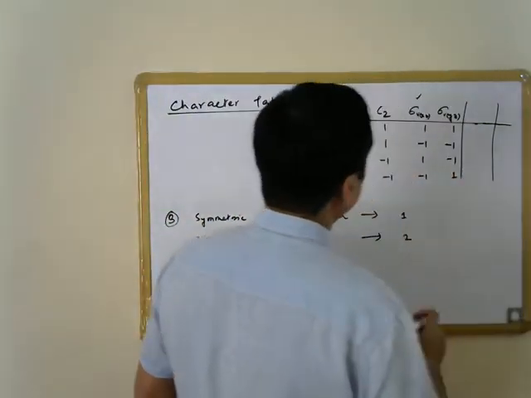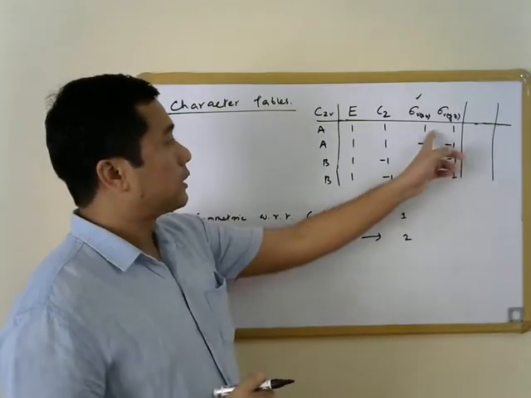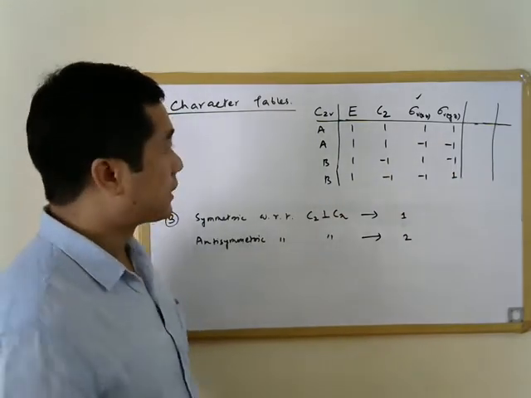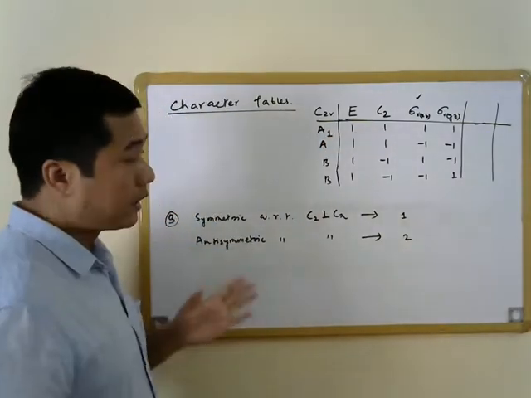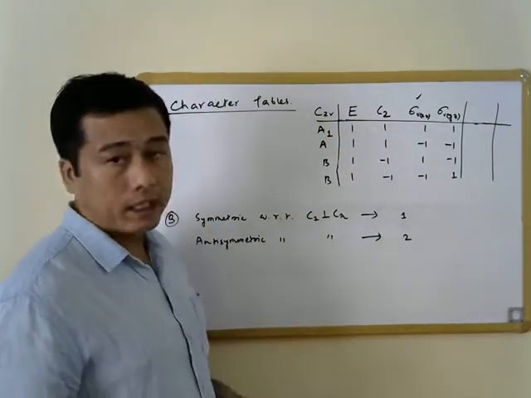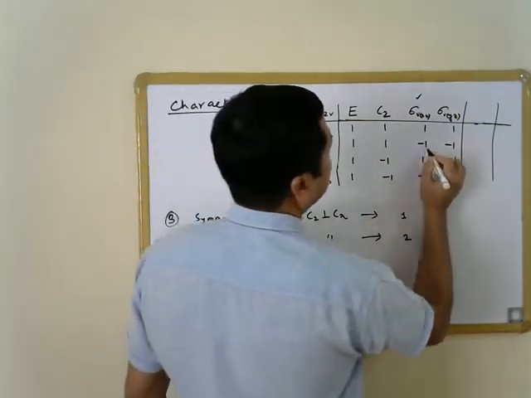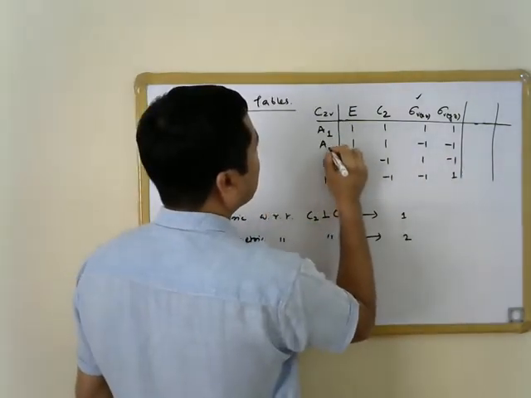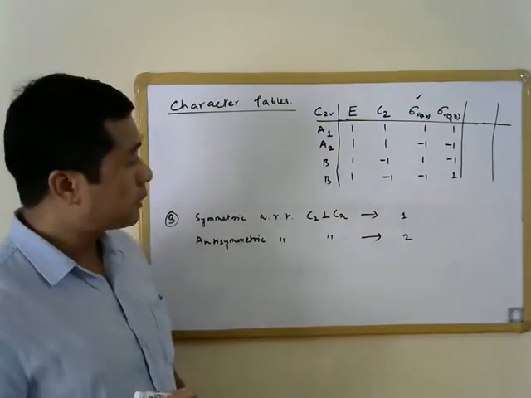So when we do so, for the first irreducible representation, we see that it is symmetric with respect to sigma v xz. So we use subscript 1 for this irreducible representation, while the second irreducible representation is antisymmetric with respect to sigma v xz here, and that is why we use subscript 2 in the case of the second irreducible representation.